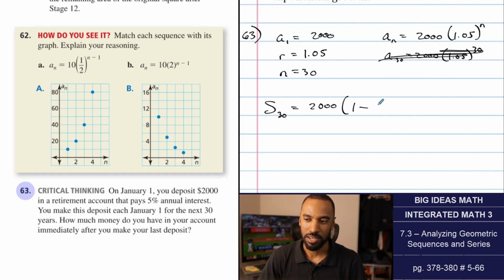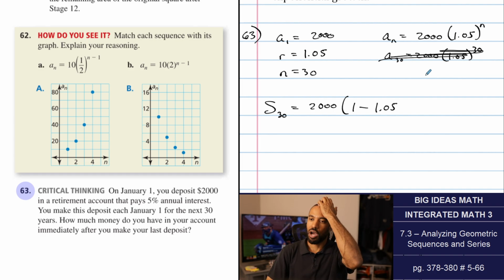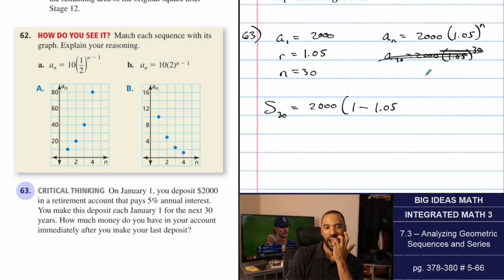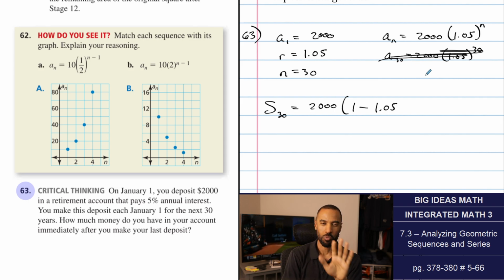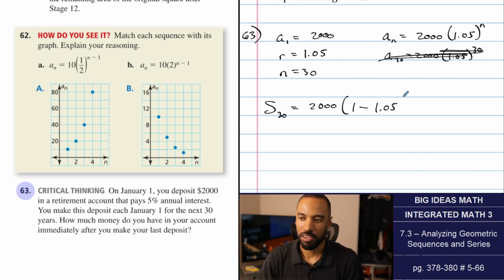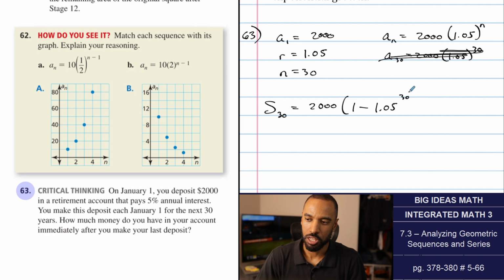So this is 1 minus r. Oh, now does r get to be 1.05 or 0.05? I think it's still 1.05. 1.05 to the 30th power over 1 minus 1.05.